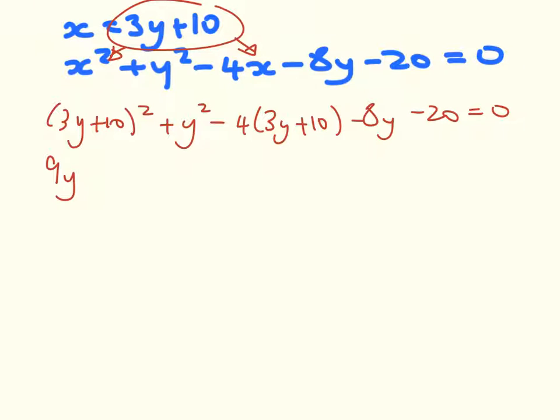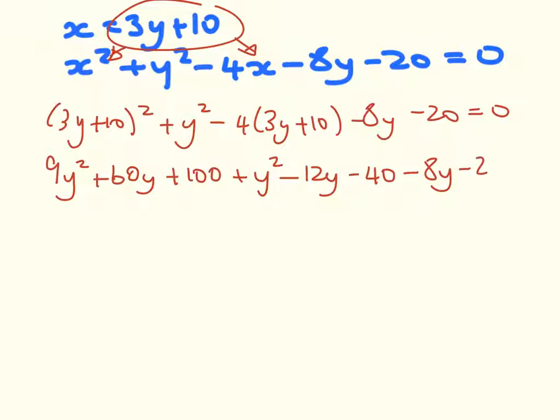Removing the brackets here gives us 9y squared plus 60y plus 100 plus y squared minus 12y minus 40, then your minus 8y minus 20 is 0.